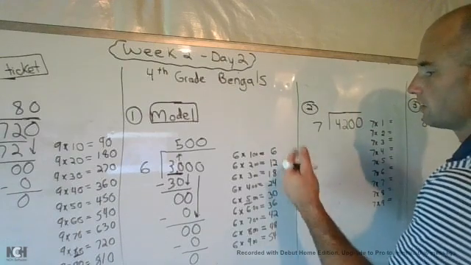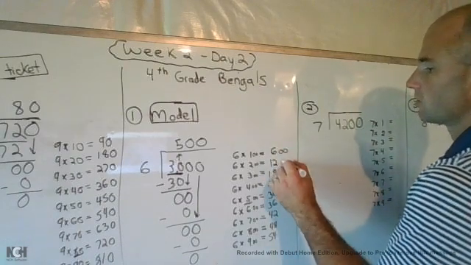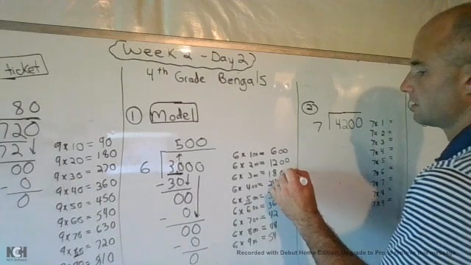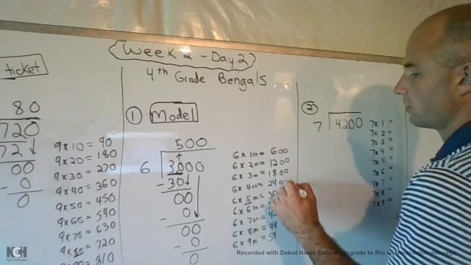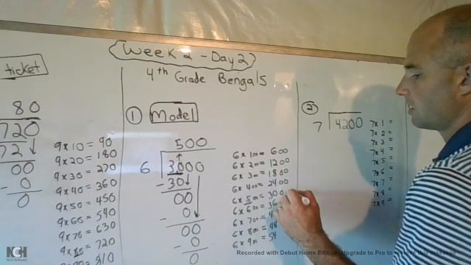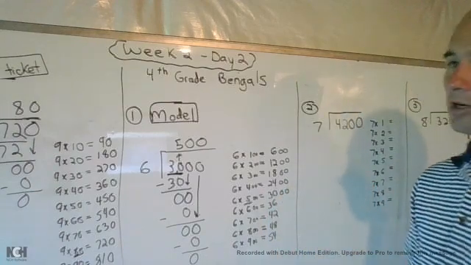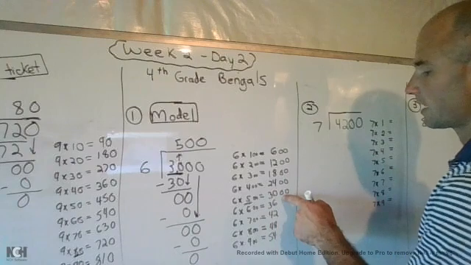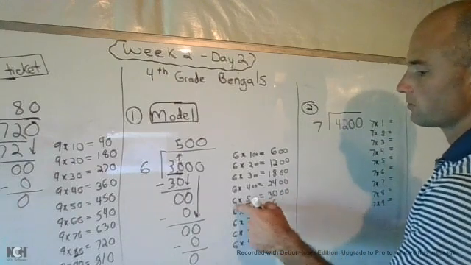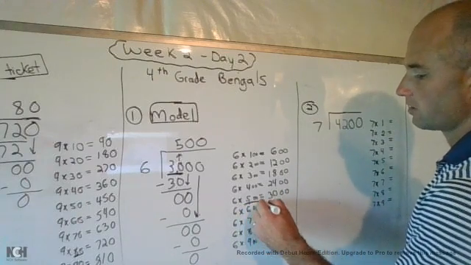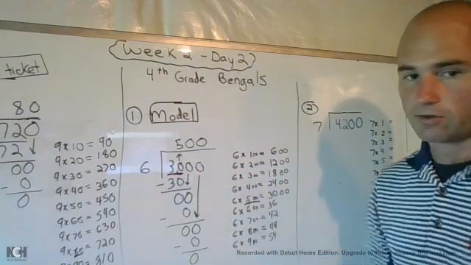So 6 times 100 equals 600, 1200, 1800, 2400, 3000, which is exactly what I'm looking for. So 6 times 500 gives me 3000.